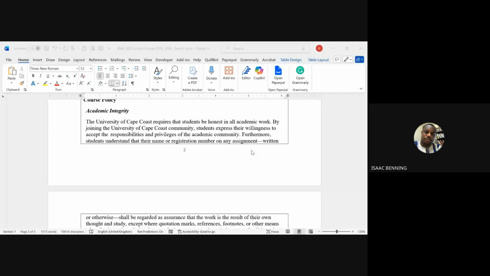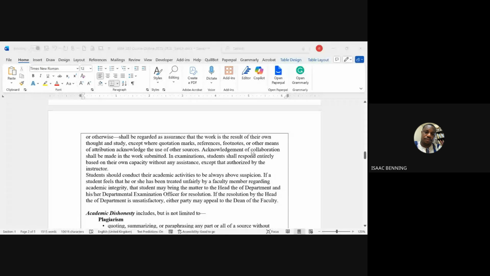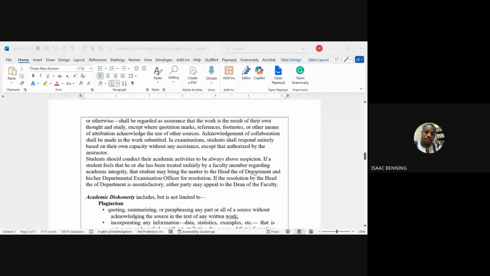But you also have other responsibilities. Your responsibilities include attending lectures regularly and punctually. You have to conduct yourself well by showing respect to your colleagues and also to your lecturer, and also showing respect to the authority.